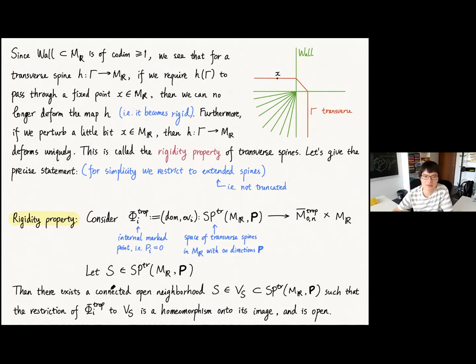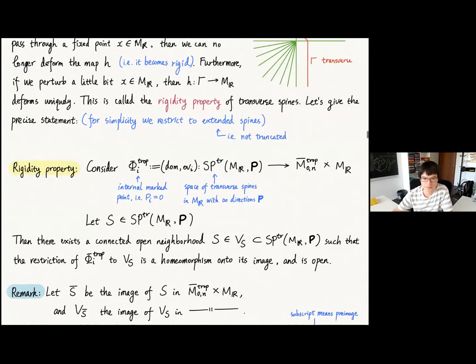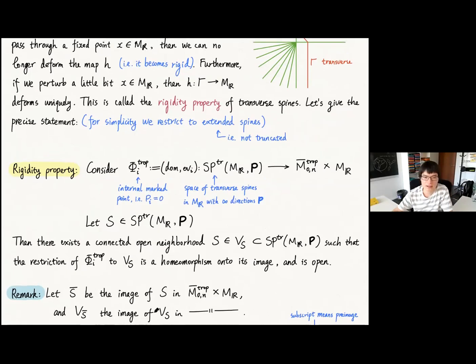So this is the precise formulation of this intuitive picture. We denote by S bar the image of S in the target, and Vs bar the image of Vs in the target.